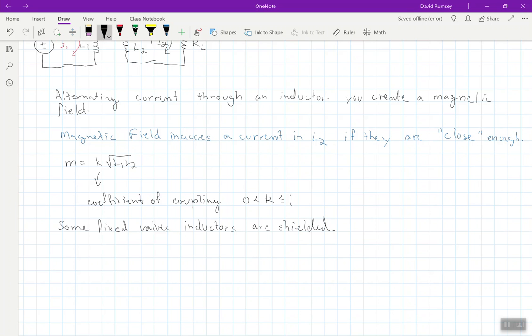And of course, the shielding is to prevent the magnetic field from affecting other circuits.